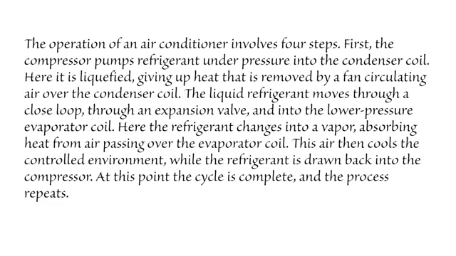Here the refrigerant changes into vapor, absorbing heat from air passing over the evaporator coil. This air then cools the controlled environment while the refrigerant is drawn back into the compressor. At this point, the cycle is complete and the process repeats.